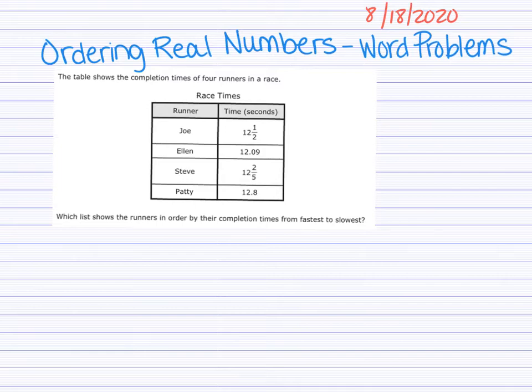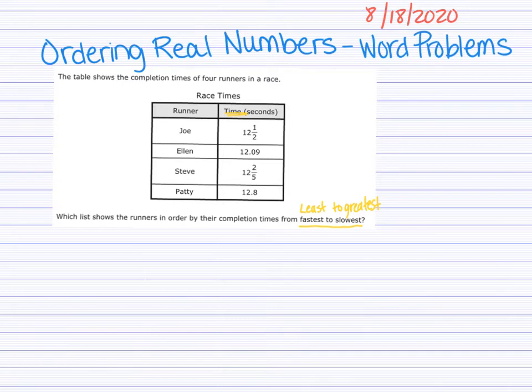Since the numbers given to us in this first problem are represented by time, and it's asking us to order from fastest to slowest, when you go back and check your list, remember the fastest runner or the fastest time is actually the least, the smallest number, and then my slowest time would be my greatest number. So when we are ordering from fastest to slowest, we're actually ordering from least to greatest.